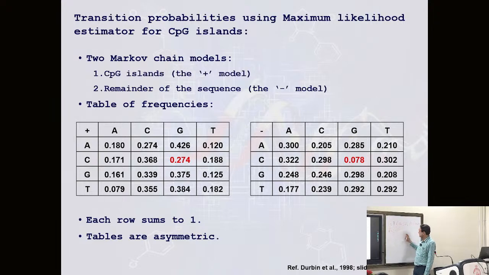Probability of T, then transition probability of C given T, and then probability of G given C, and last probability of G given G. And then I will put plus as superscript over P.